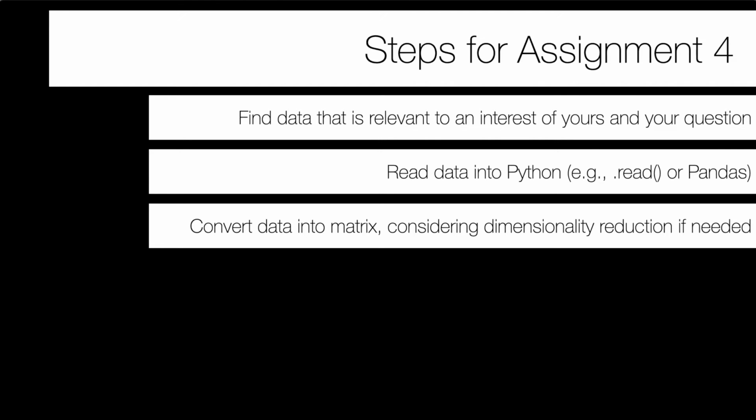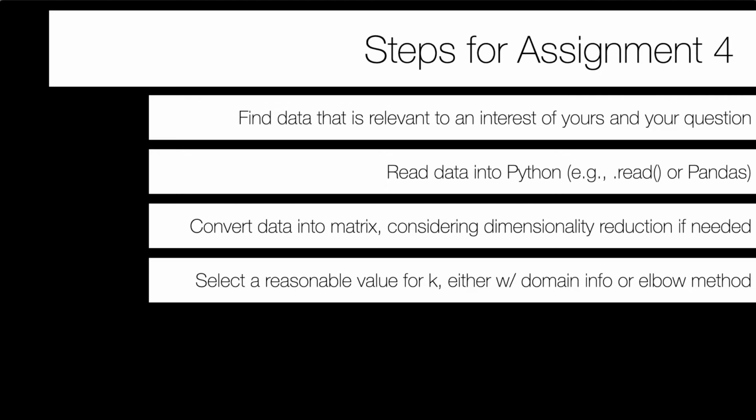But then you want to have your data and convert it into some matrix form of rows and columns, where rows represent the samples and columns represent the features. So the samples are the things that you want to cluster, and the features are the things you'll use to evaluate similarity across the elements in your data set.